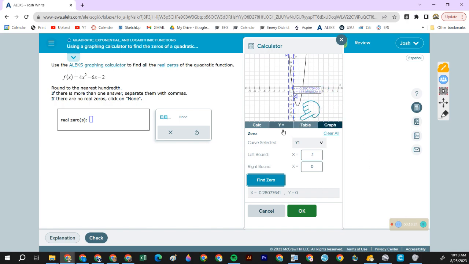For the next one, it looks like it's about 1.8. So I want to look between 1 and 2. And it's 1.78. Okay. If the graph misses the x-axis, then you just write there are none.